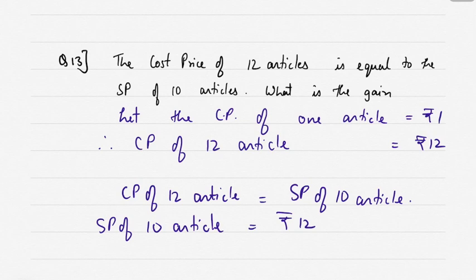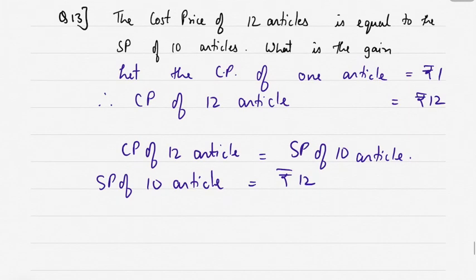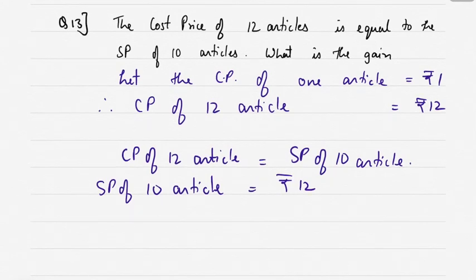If selling price of 10 articles is 12, what is the cost price of 10 articles? We'll do that. If selling price of 10 articles is 12, what is the selling price of 12 articles?